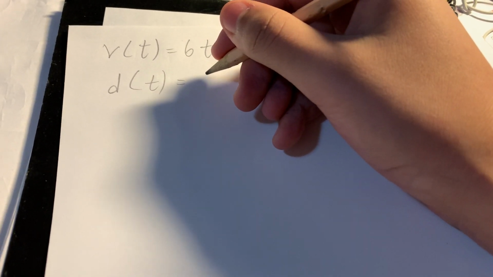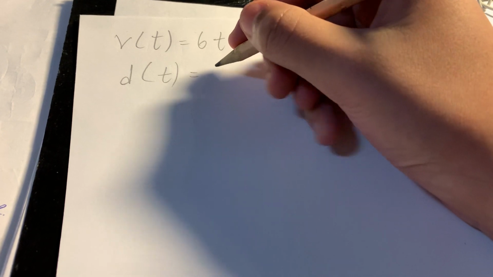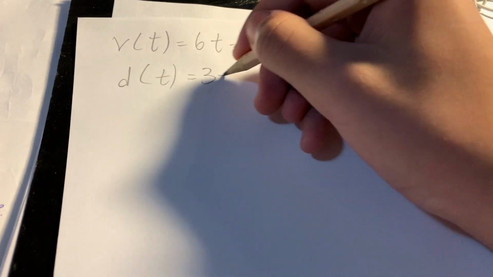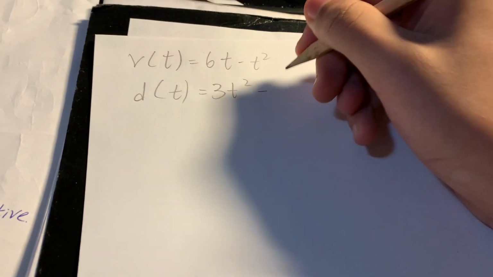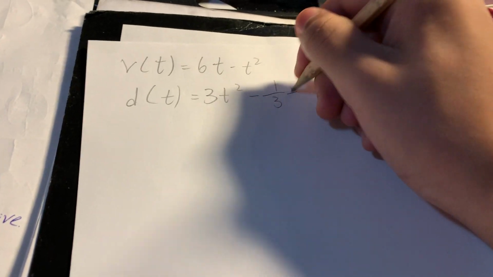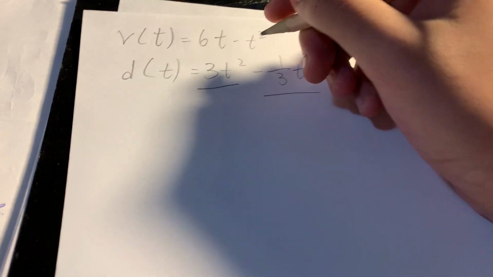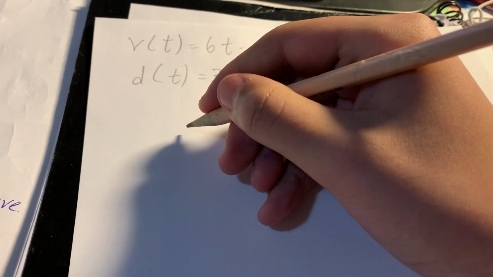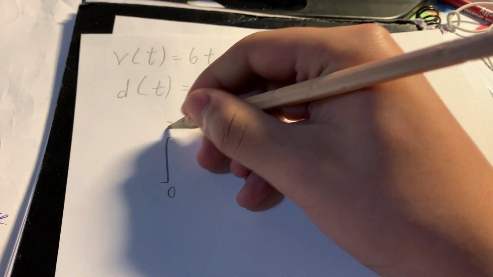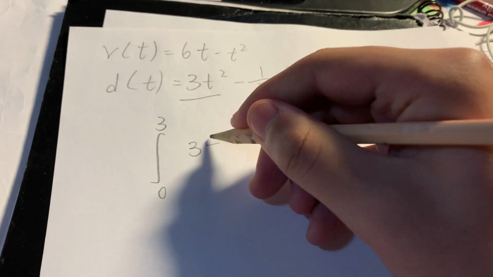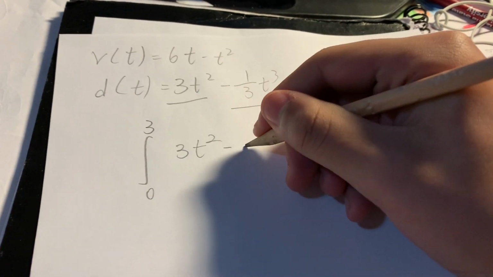The distance is equal to, let me calculate, 3t squared minus one third t cubed. This is the antiderivative. So it is asking you from this to this.